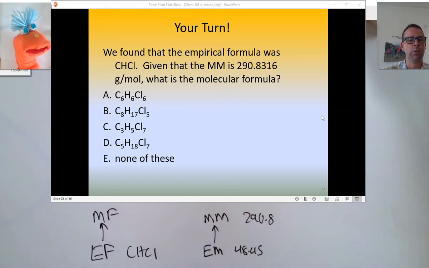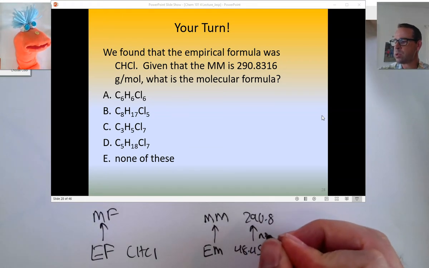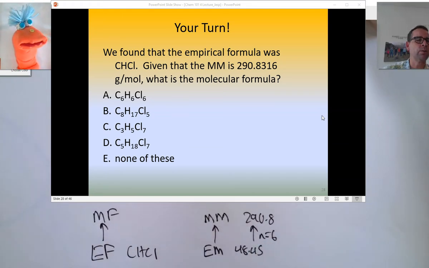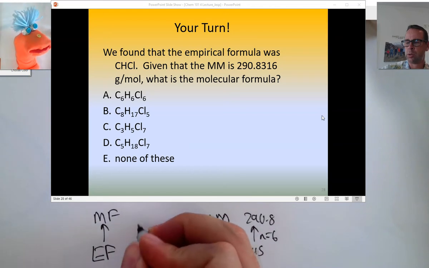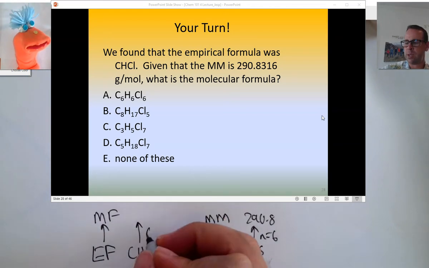And so divide that by the 48.45. All right. And what is this going to give us? It's going to give us the multiplier. Yeah, we call it the multiplier, but basically the n equals 6.00 there. Okay, yeah, so that means 6 there. That's right, 6 right here.